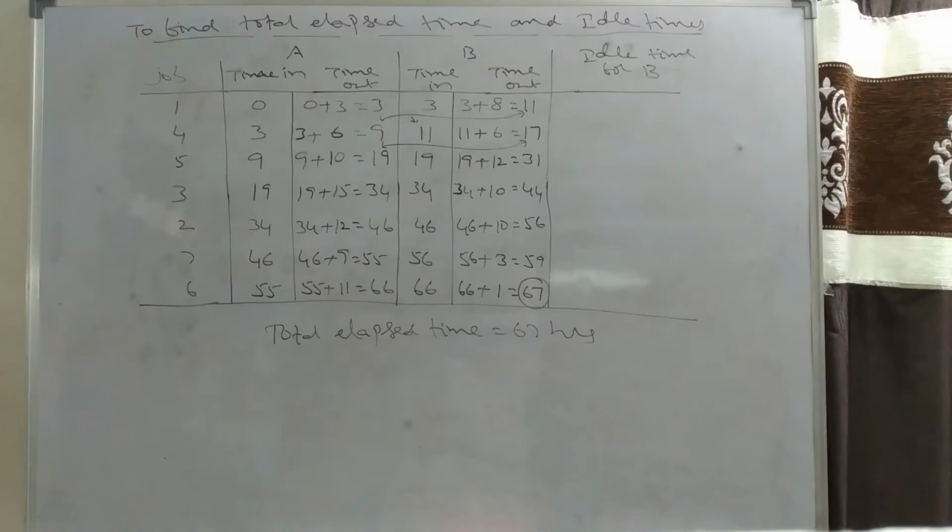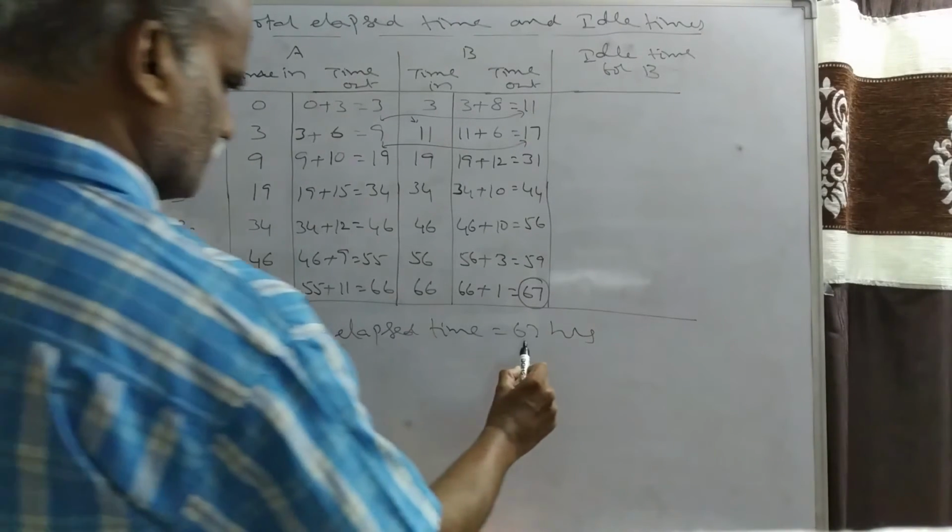That means the total time to bring out all these 7 jobs is 67 hours. So this is the minimum time required. If you follow the jobs in this order, in 67 hours all these jobs are brought out from the 2 machines. So that is the minimum duration.